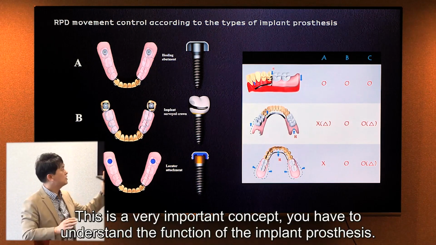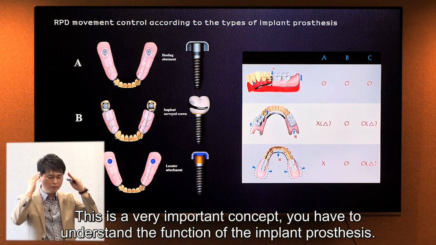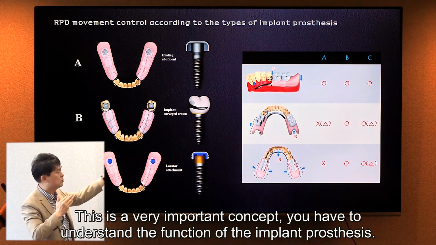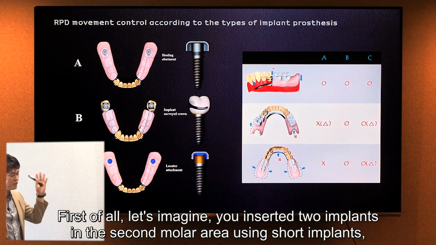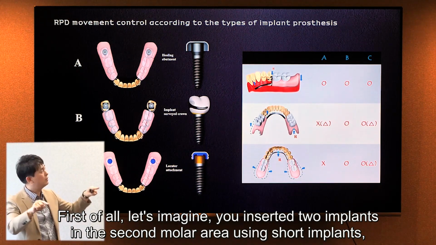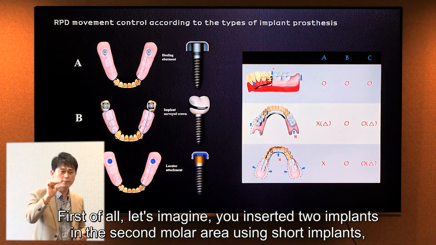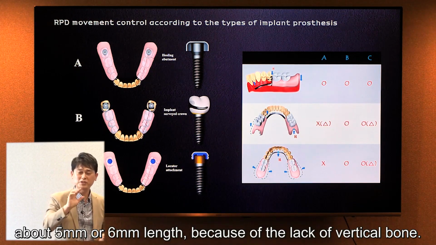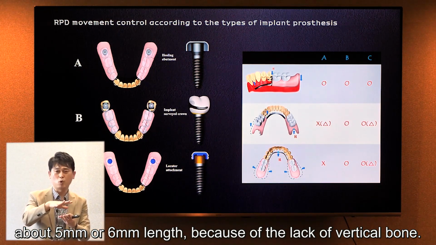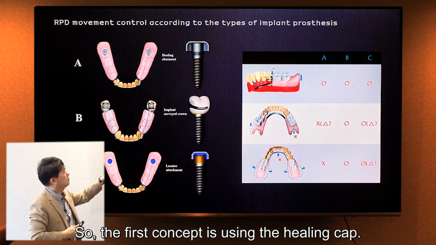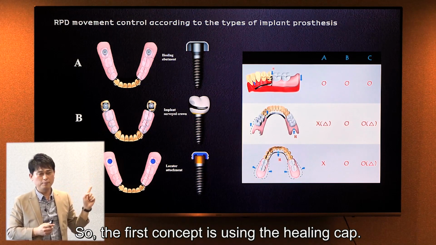So this is a very important concept. You have to understand the function of implant prostheses. First of all, let's imagine you insert 2 implants in the second molar area using a short implant, about 5 or 6 millimeters in length, because of the lack of vertical bone. The first concept is using the healing cap.